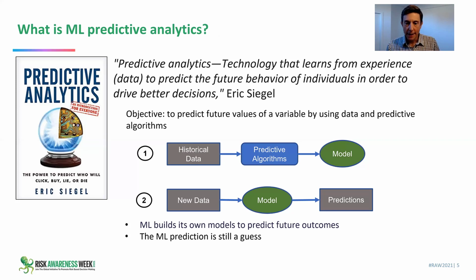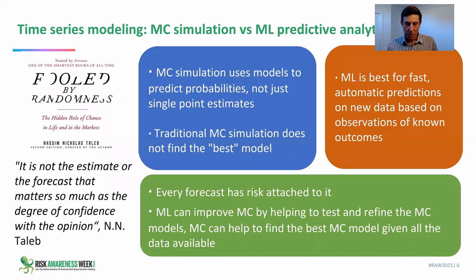And the beauty of machine learning is that it builds its own models, but it doesn't tell us much about the probabilities of those forecasts. And that's the discussion that I have in this slide, which is that we are not interested in the single point forecast.